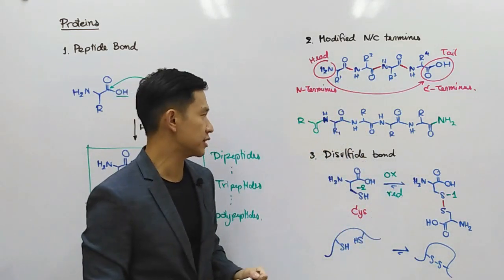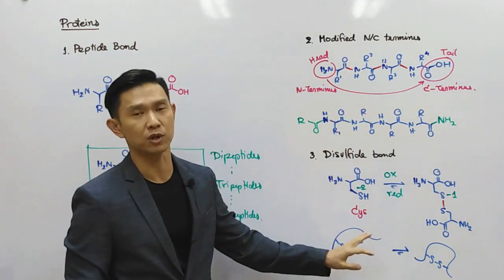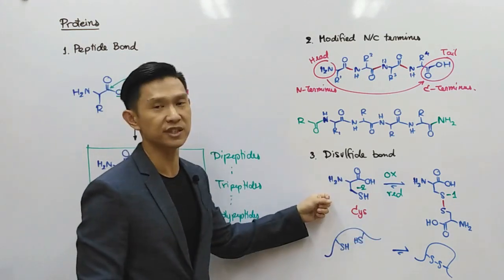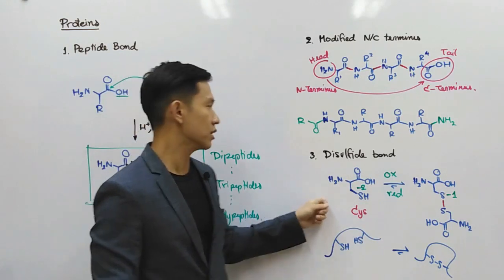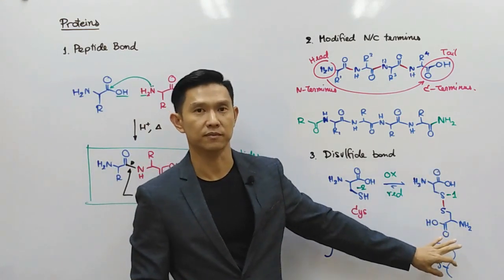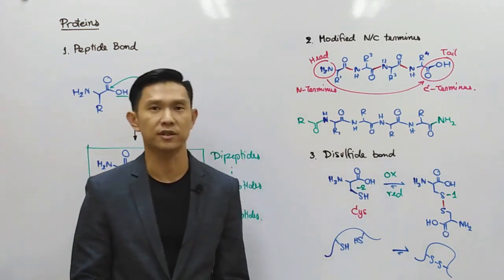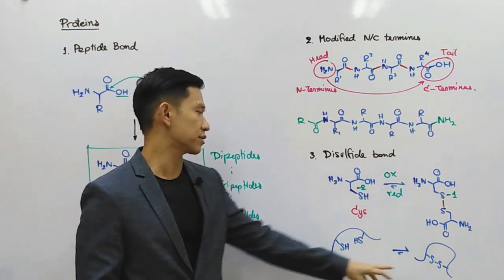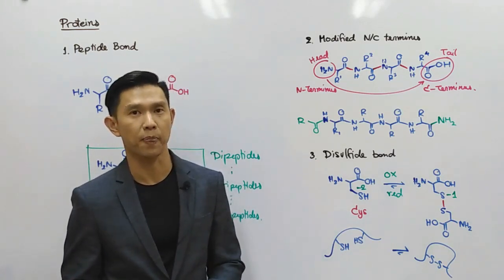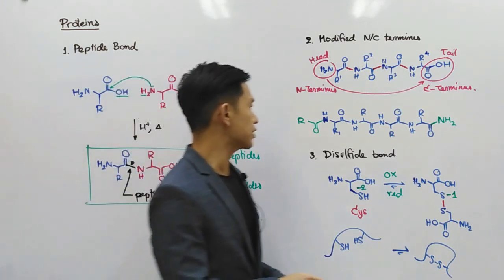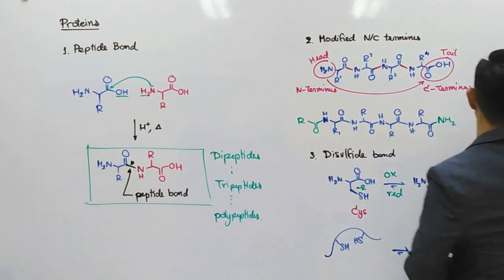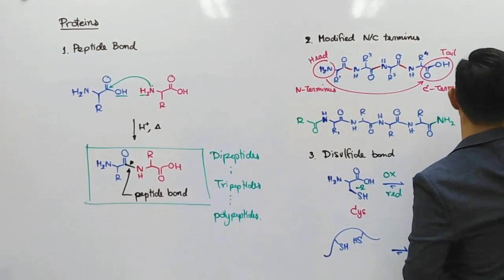This is very easy, because just oxygen gas in the system, in the air, can oxidize the cysteine or the thiol to be disulfide like this. So this is a very stable structure. Okay? If the proteins contain sulfur, it normally undergoes disulfide formation.